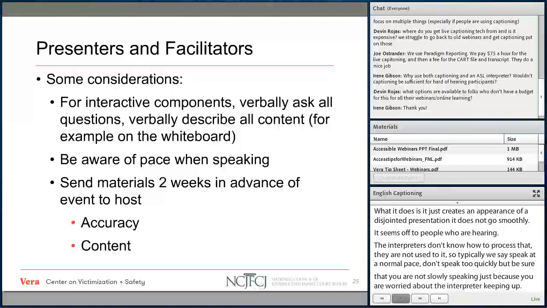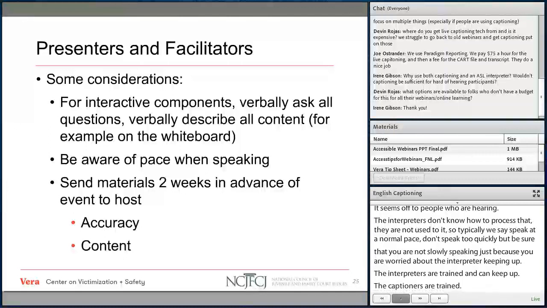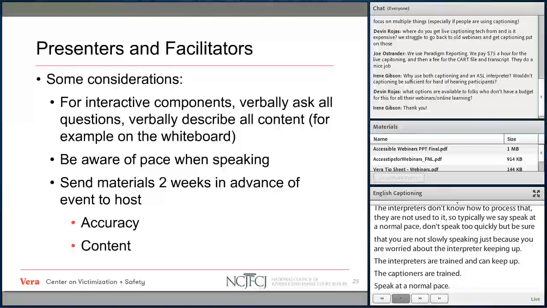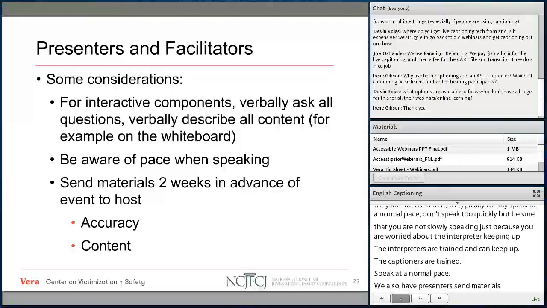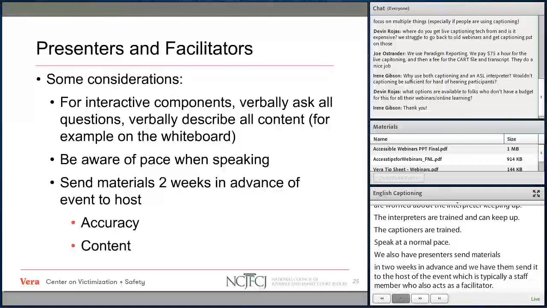And then we always have our presenters send materials two weeks in advance. We have them send it to the host of the event, which is typically a staff member who also acts as the facilitator. That person will then make sure that all of the content is accessible, which Alicia is going to talk about a little bit later, what that looks like.